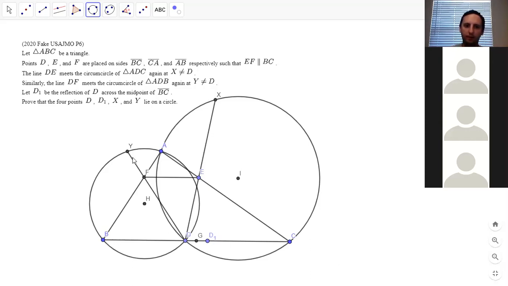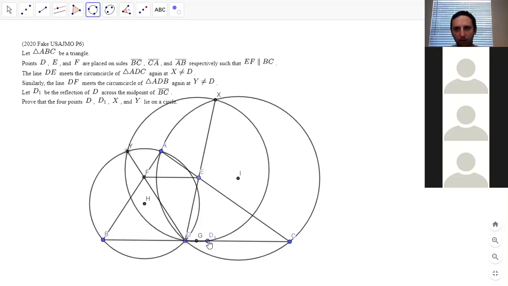Is YFXE cyclic? I think it is. Oh no, it's not. I don't know why I thought that. But I think so here's the thing. Yeah, we want to show that this is cyclic.